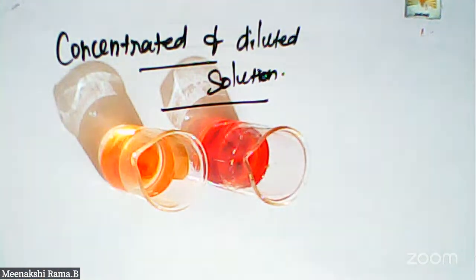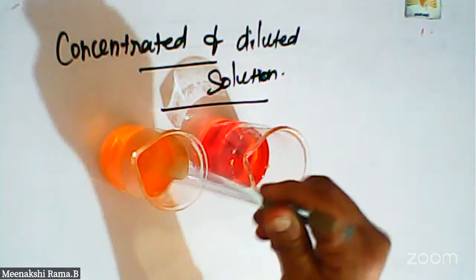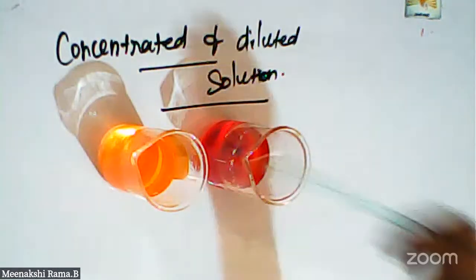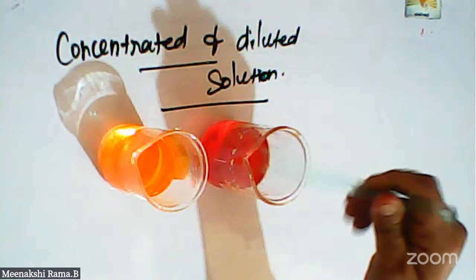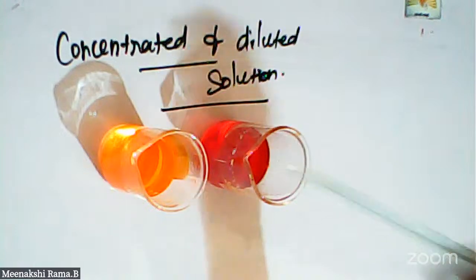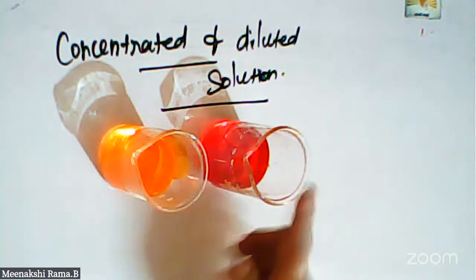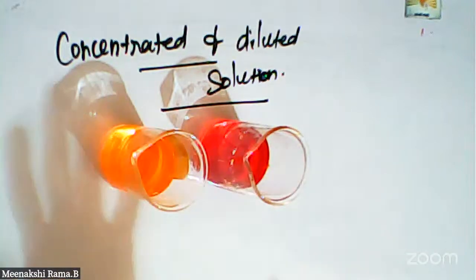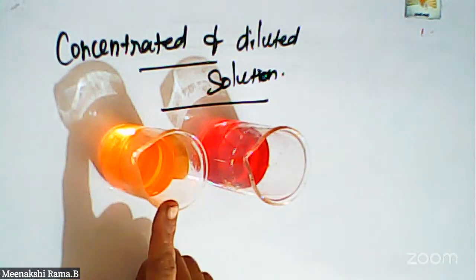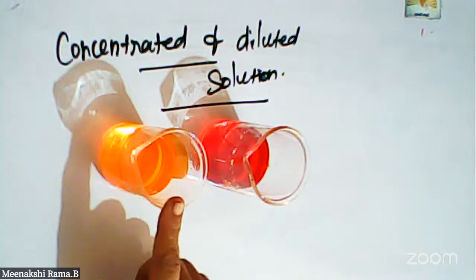Please compare these two solutions. Yes, this beaker looks like a light orange color only, but the second beaker's color is very high, dark in color. So this is the concentrated one. This is the concentration of the solution. This is called the diluted solution.